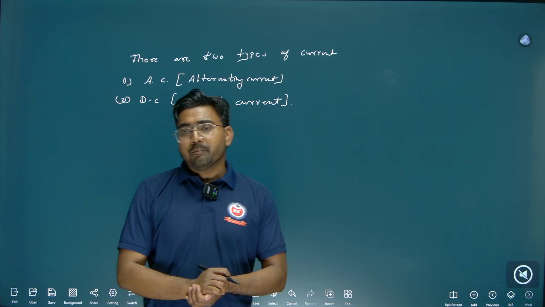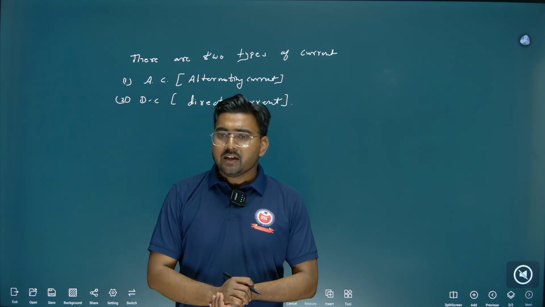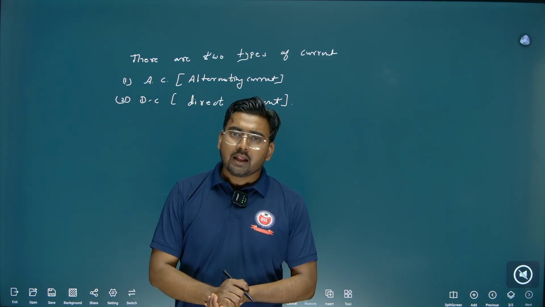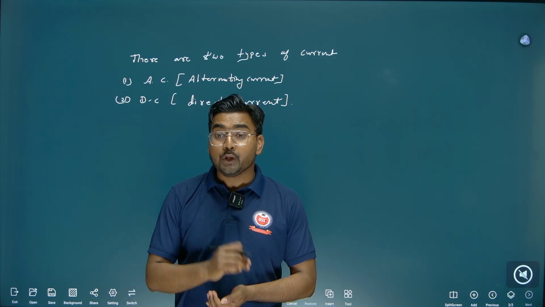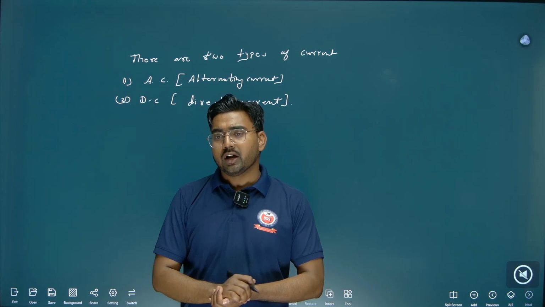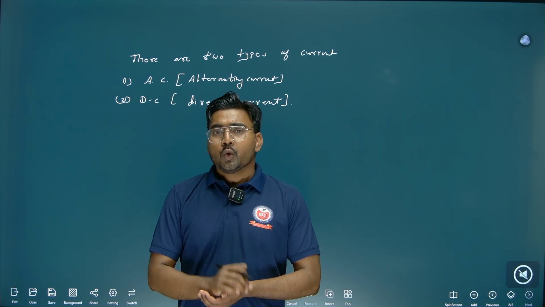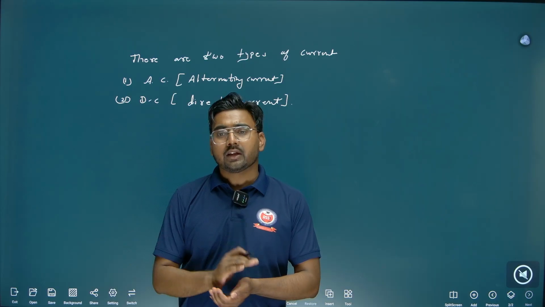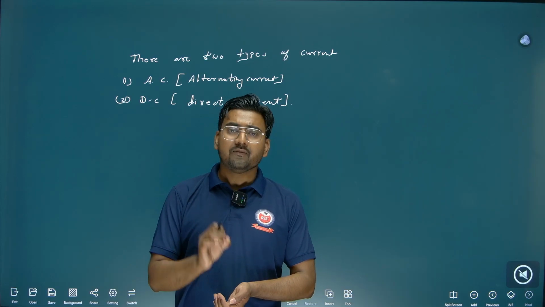When the magnitude of current is changing continuously and direction changes periodically, then the current is called alternating current.